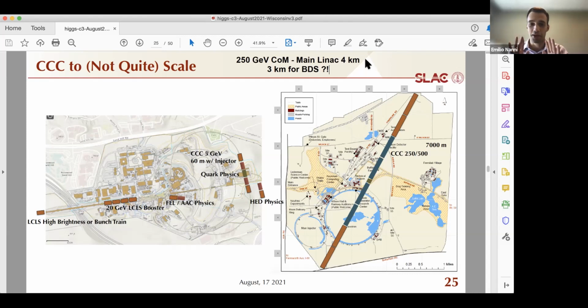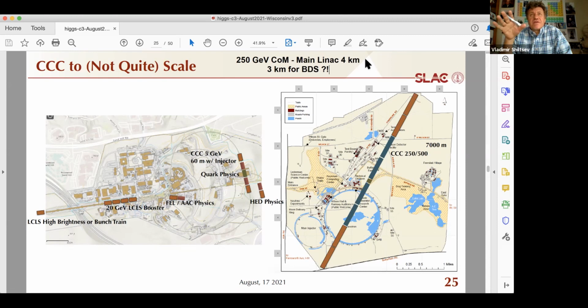That's the huge opportunity here that really just popped out: for a 250 GeV center of mass, if you can save a little bit of money on the damping rings, it has a real effect on the cost of implementing this. So all of a sudden, there are other places where we can look and see if we can make a real difference.